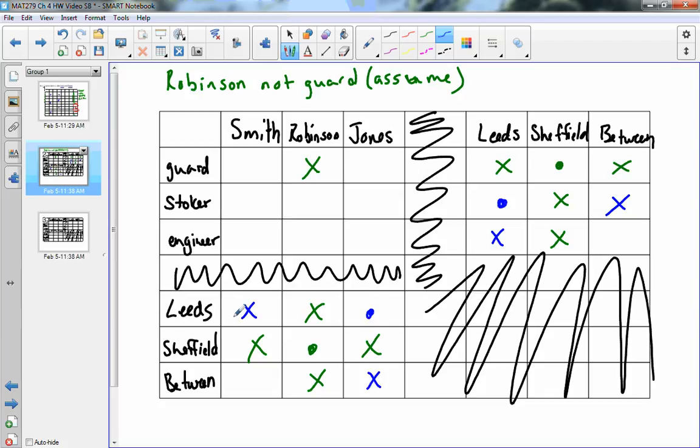Now if we also make the assumption, like we did before, that because they talked about Jones and the stoker together, they cannot be the same person, Jones and the stoker can't have the same name, then with our leftovers, we can see that Smith lives between Leeds and Sheffield, and the engineer lives between Leeds and Sheffield.